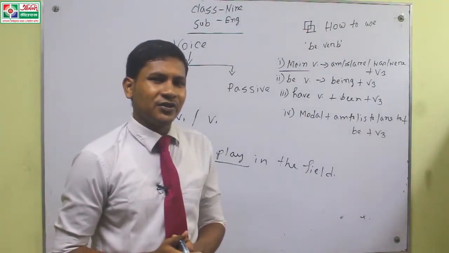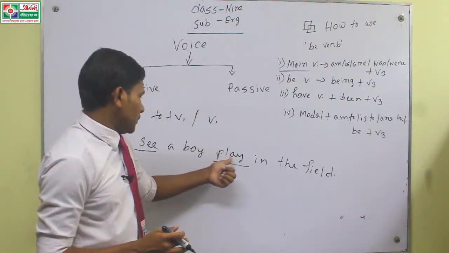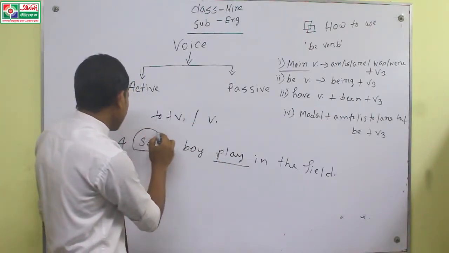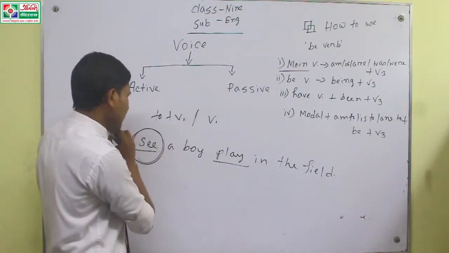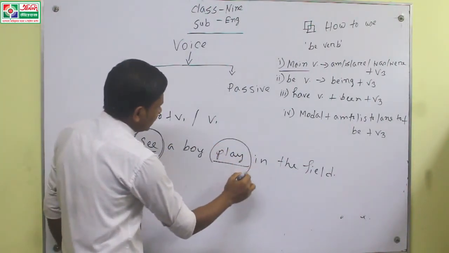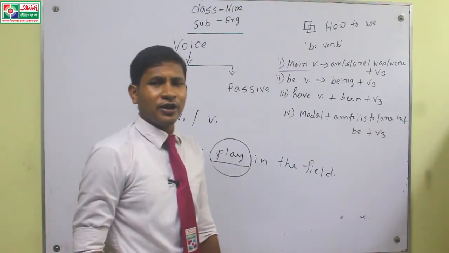Why do we use play, the base form, here? Because see is a bare infinitive word, so we use the base form of the verb.